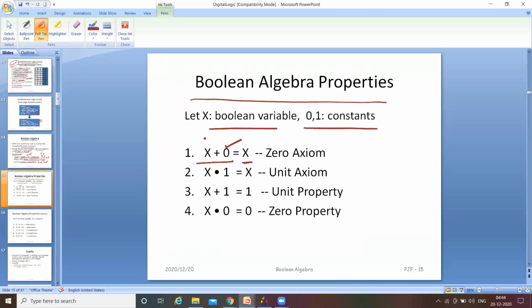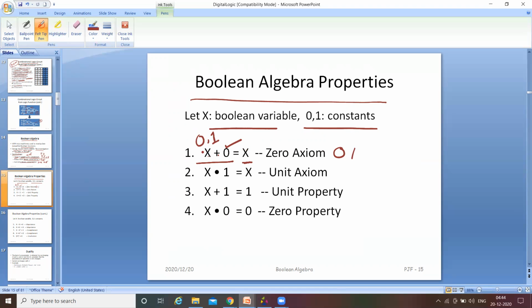This is a binary variable. A binary variable itself may be either 0 or 1. Consider the first case, if it is 0: 0 plus 0 is 0. Next, 1 plus 0 is 1.